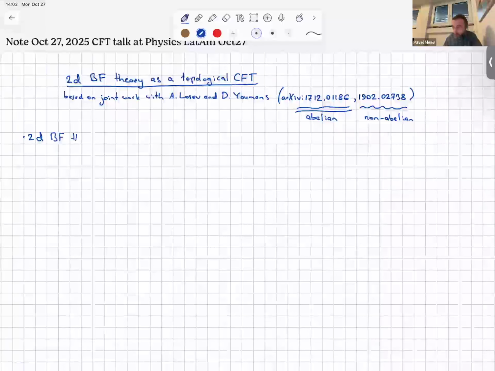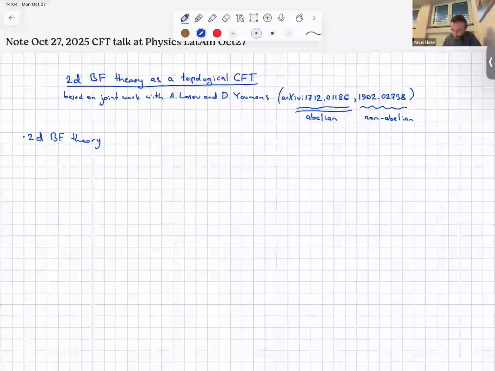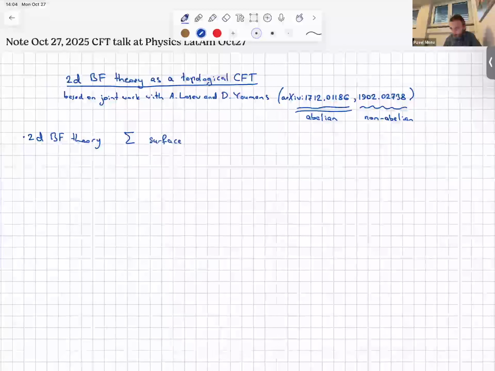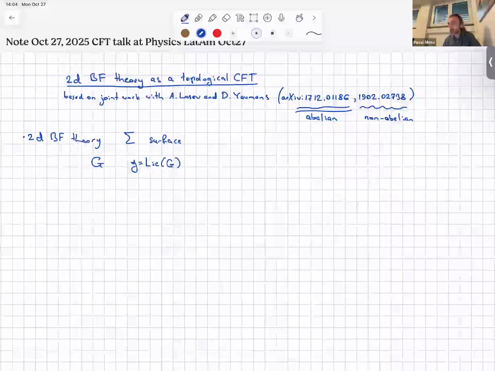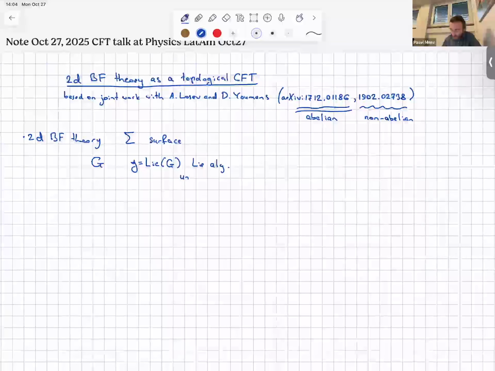What is that? Classically, it's the following model. You fix some two-dimensional surface, and you fix some Lie group, and little g would be its Lie algebra. I want this Lie algebra to be unimodular.